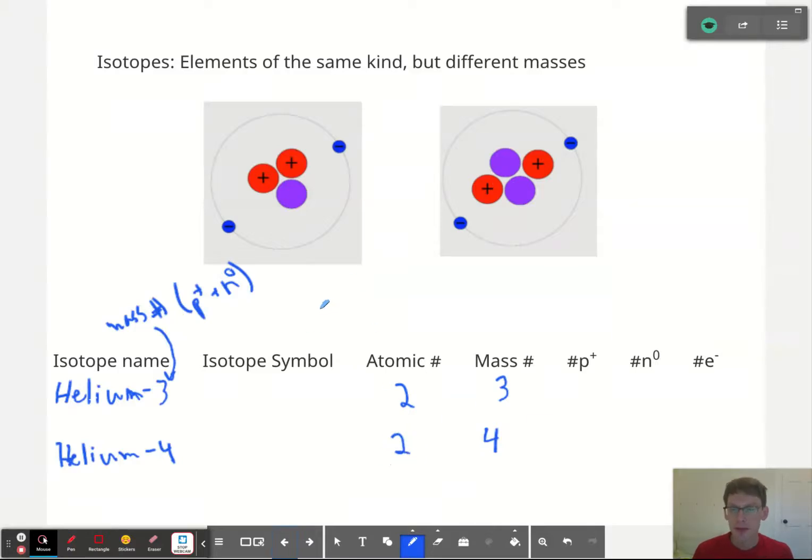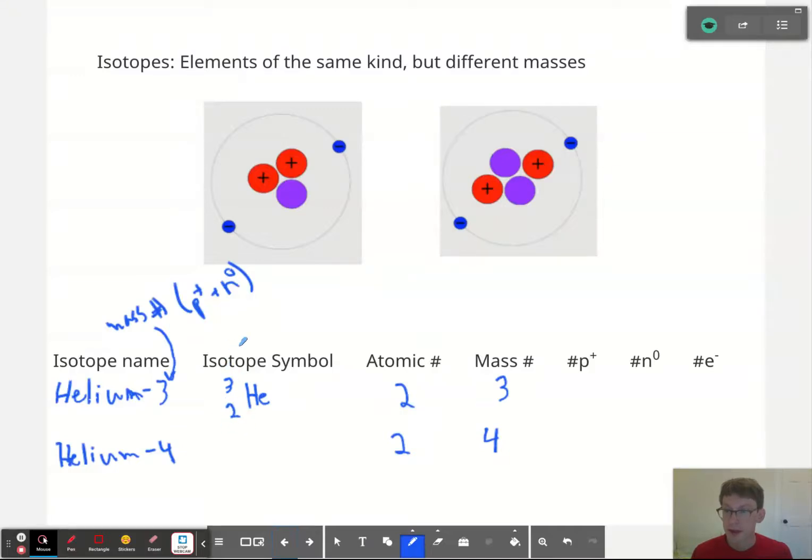Now, isotope symbol. If we don't want to write out helium-3, we can write He, the symbol for helium, and write 3 over 2.